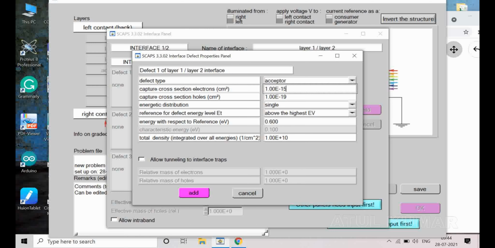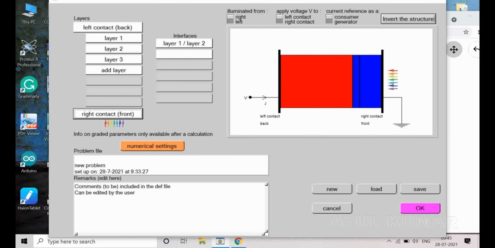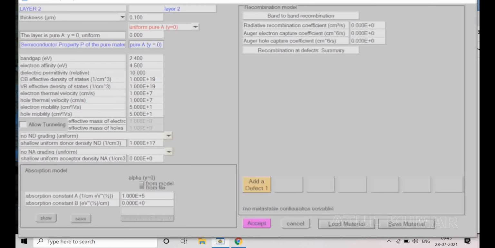I will take an acceptor type defect, and the capture cross section is very small, so I will increase it to 10^-14, both of them. The capture cross section is higher, acceptor type, and the density I will take is 5 times 10^11. I will distribute it uniformly. This is the interface defect at the CIGS/CdS interface.